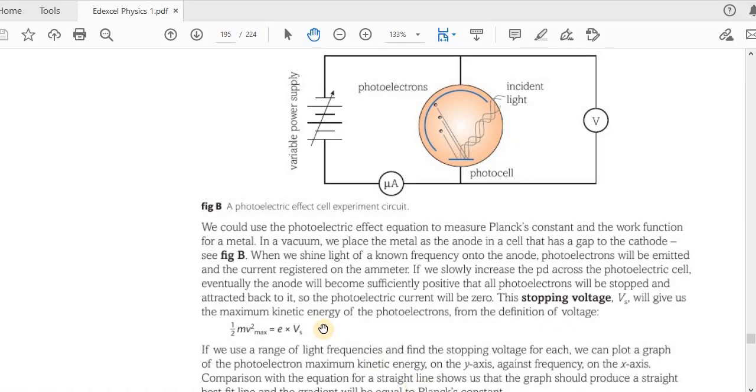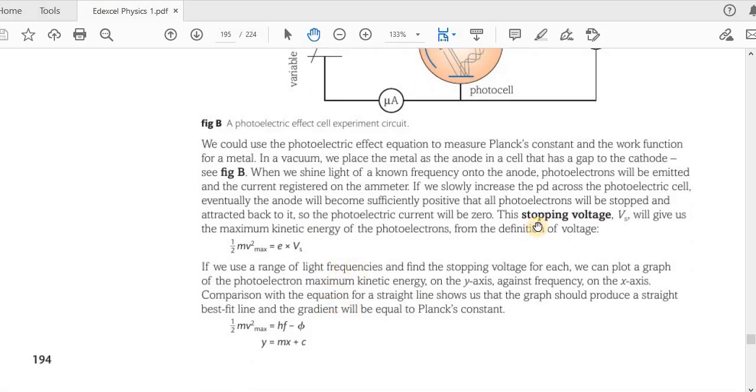So let's continue that. This stopping voltage Vs will give us the maximum kinetic energy of the photoelectrons from the definition of voltage. If we use a range of light frequencies and find the stopping voltage for each, we can adjust, we can use different f values and find the stopping potential for each.